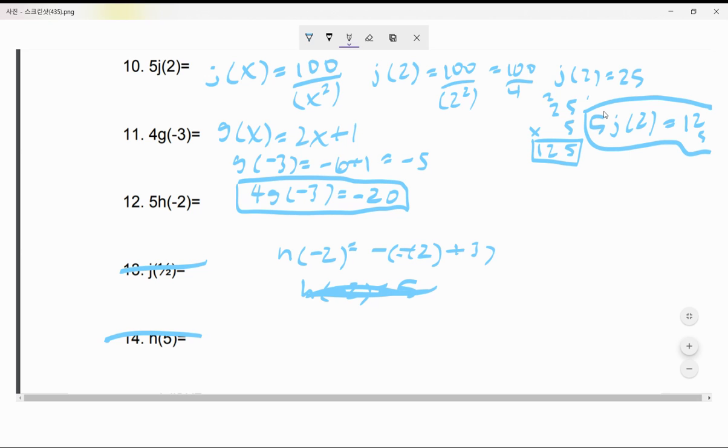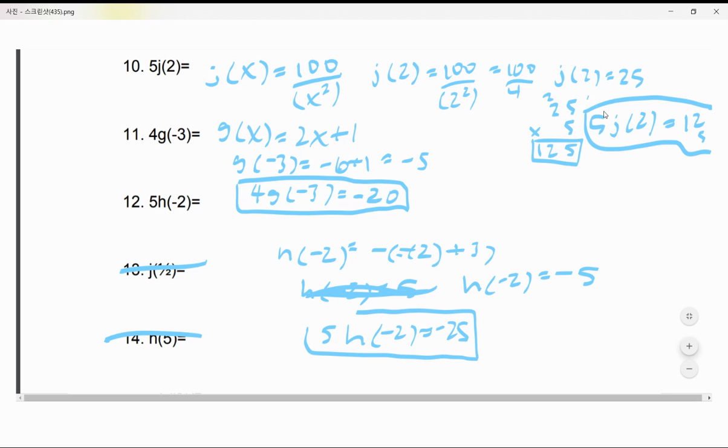Okay, let me do this again. h(-2) is 2 plus 3, which is 5. But then they put the minus on the outside of the parentheses, so it's -5. And -5 multiplied by 5 is -25, right? -25. So that's the final answer. Okay?